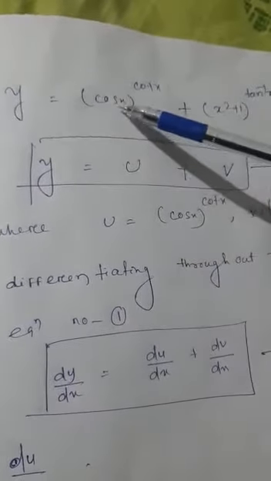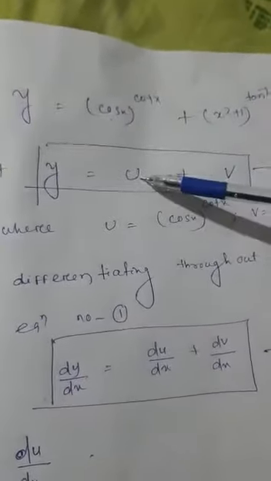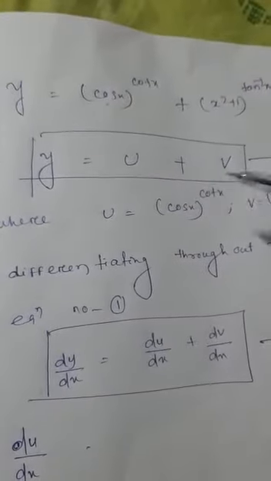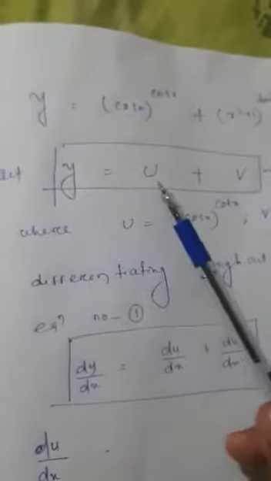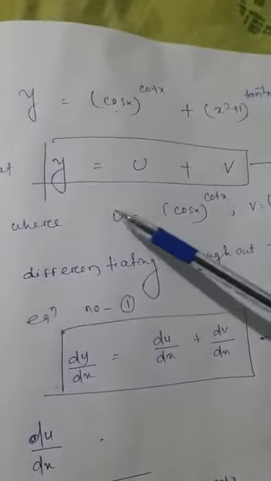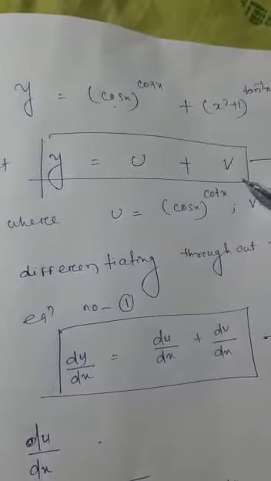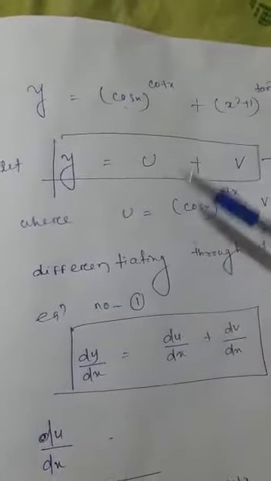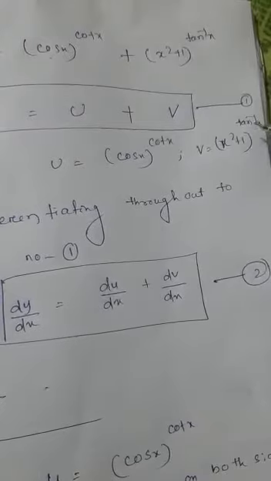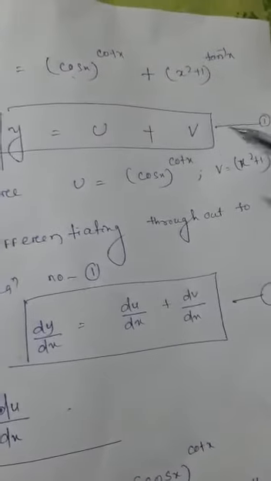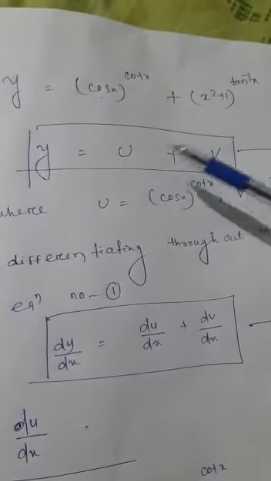Just take the first term as u and the second term as v. Now the question will be reduced into y equal to u plus v. So what is u? u is (cos x) power cot x and v equals (x square plus 1) power tan inverse x. y is equal to u plus v.